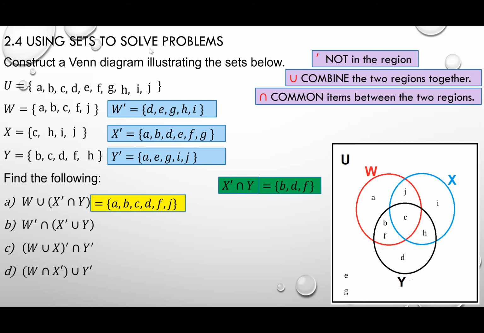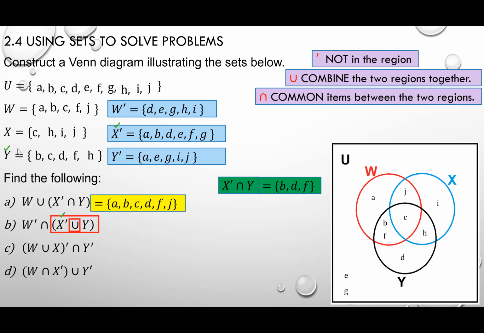So let's take a look at B. Similarly, in B, the first thing we want to do is work inside the parenthesis. And inside the parenthesis, hopefully you see what we have. Well, everybody see that we need X prime, and that's why we have X prime here. We need a Y, and we have the Y here.